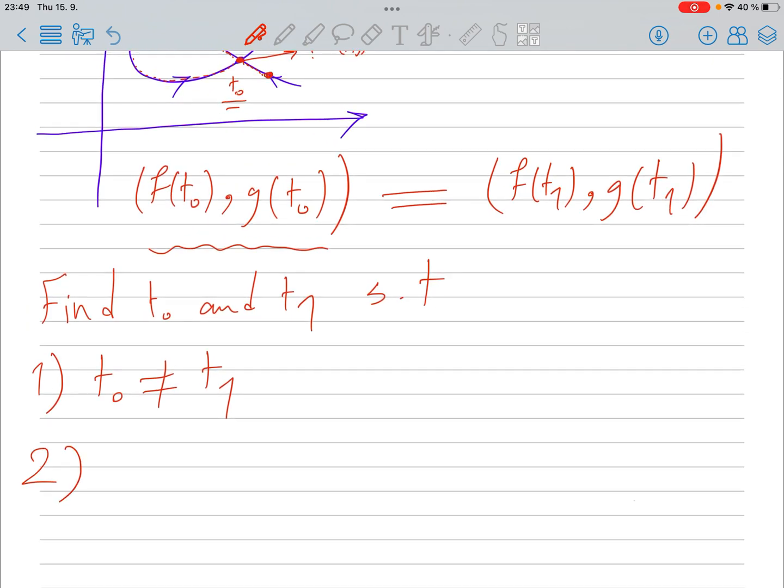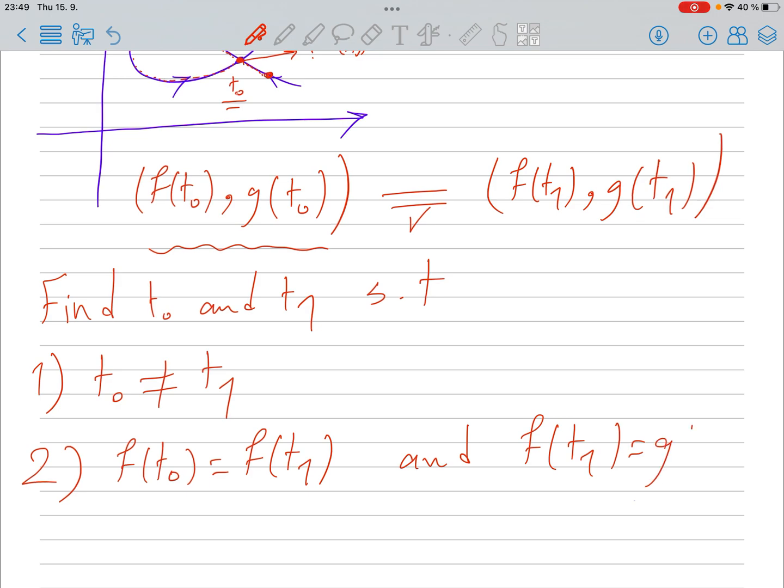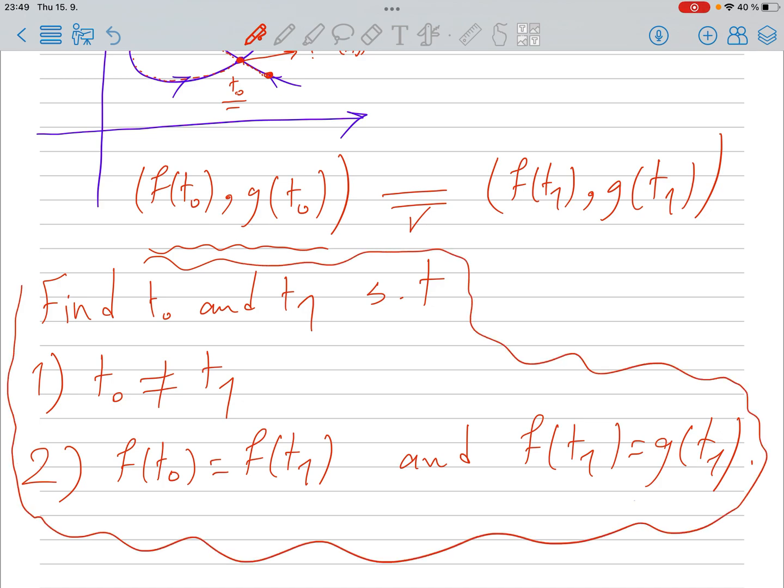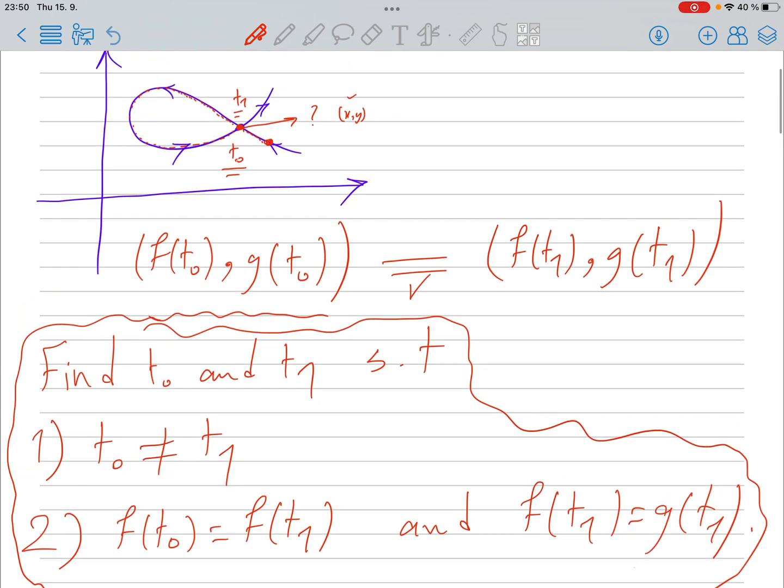And number two, based on this equation, f of t0 is equal to f of t1, and g of t0 is equal to g of t1, right? So this is all we need to find the coordinates of this point, right?